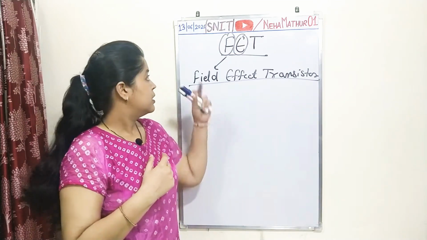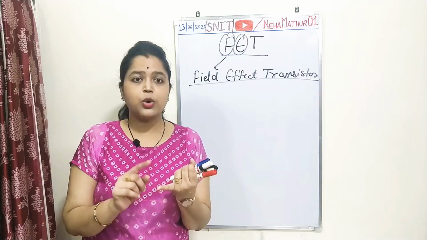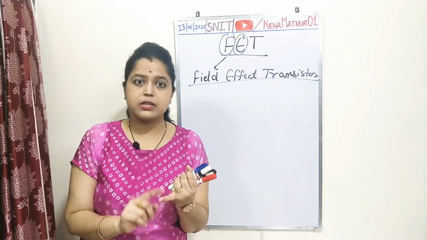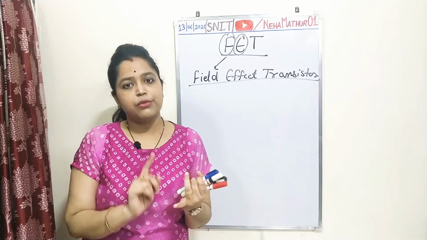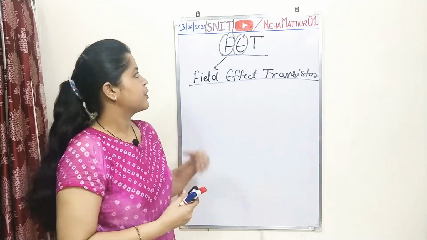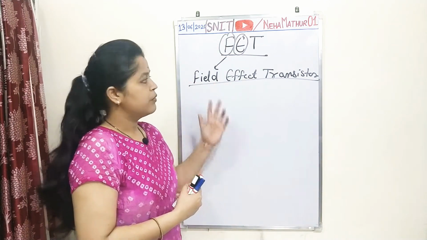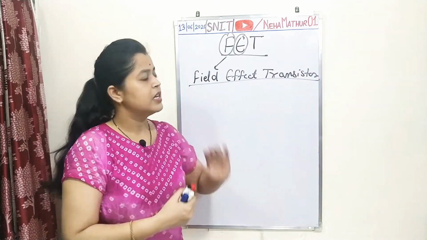So, that means by applying input voltage you are going to control your output of field effect transistor based device by introducing electric field. That means, or you can say, this is all about effect of field. So, such kind of transistors are said to be field effect transistor.